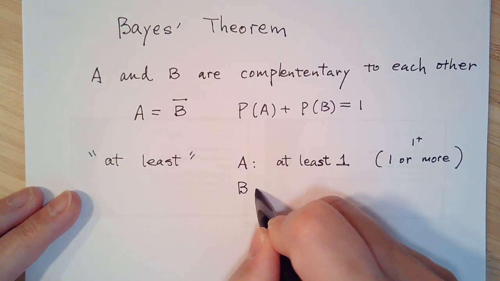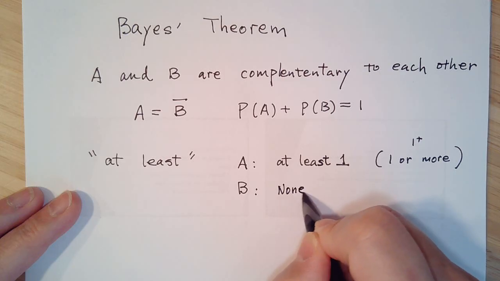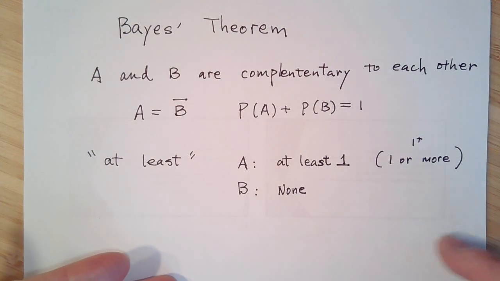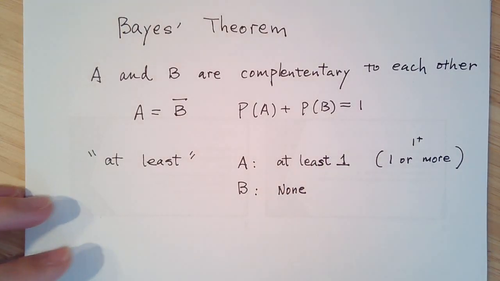Then B, its complementary event, will be none. Nothing. So it could be 0 and then 1, 2, 3, 4 and above. So if A is at least 1, the complementary is none.